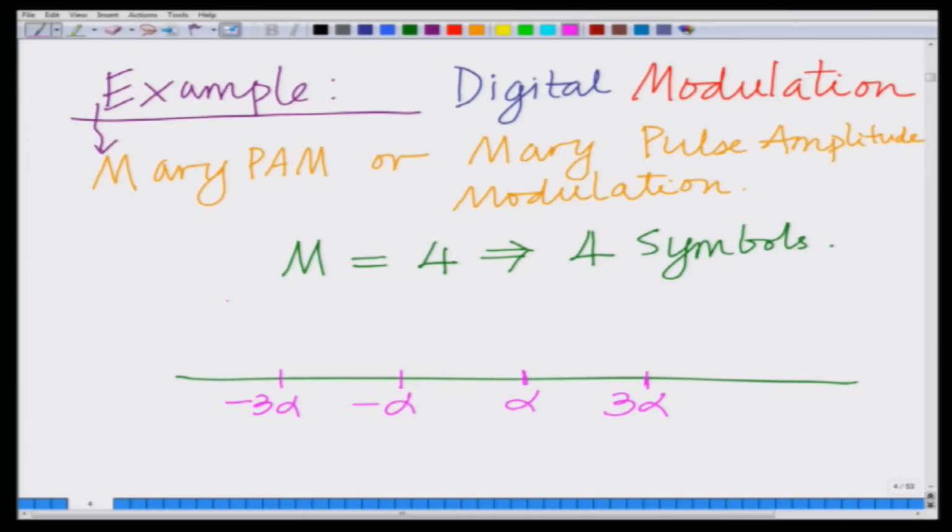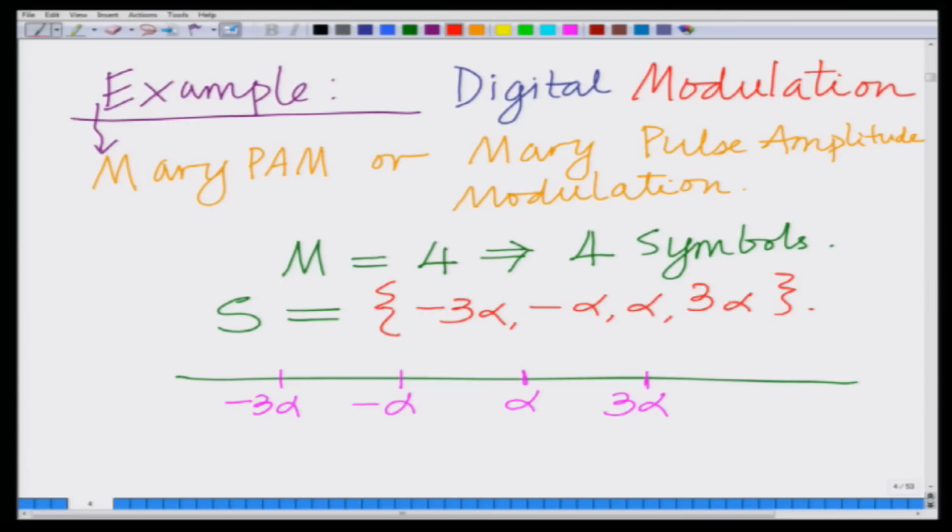So, the sample space clearly for this example is nothing but the set of amplitude levels minus 3 alpha, minus alpha, alpha, 3 alpha.